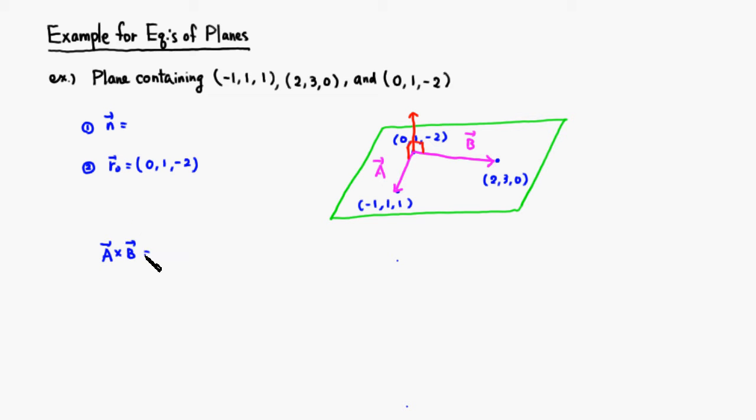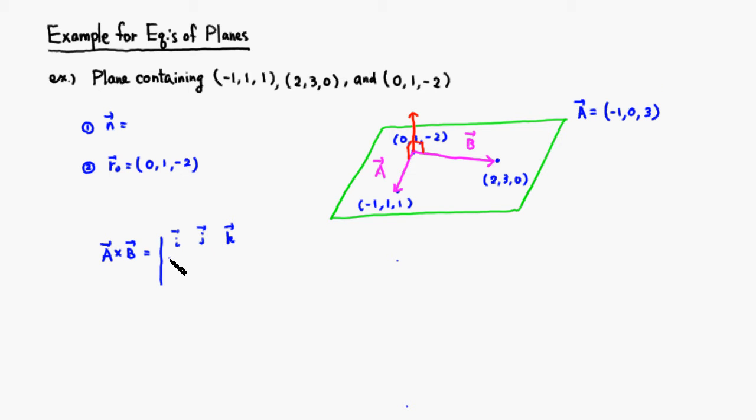So the first row is i, j, k. Then we need to find vector A. Vector A is -1 minus 0, so it's -1, 1 minus 1, so that's 0, and 1 minus -2, so adding 2, it's 3.